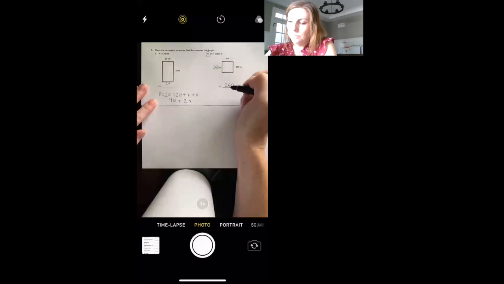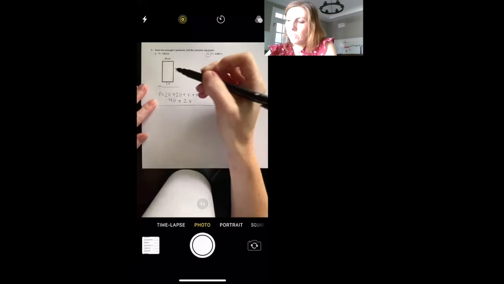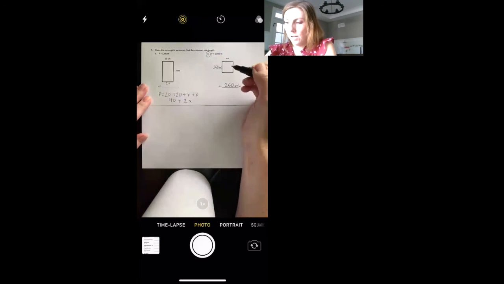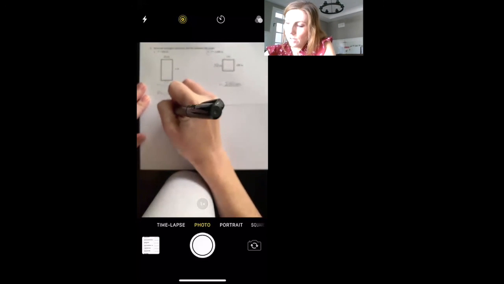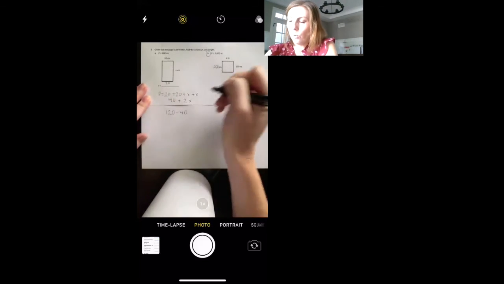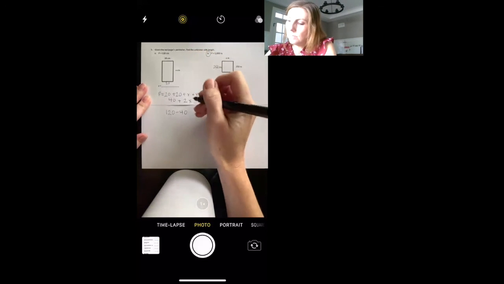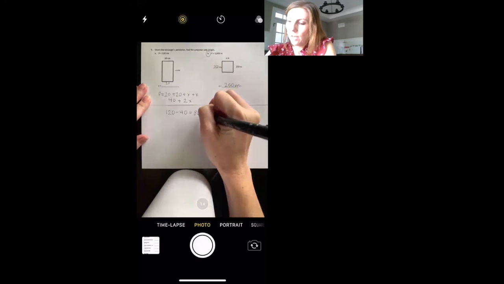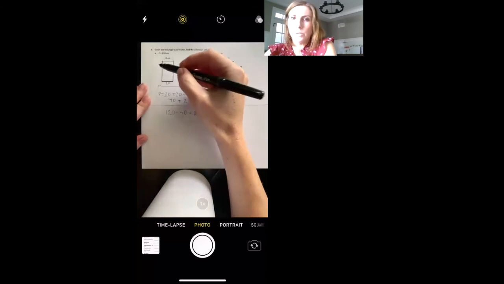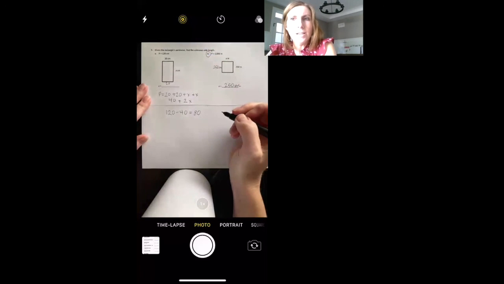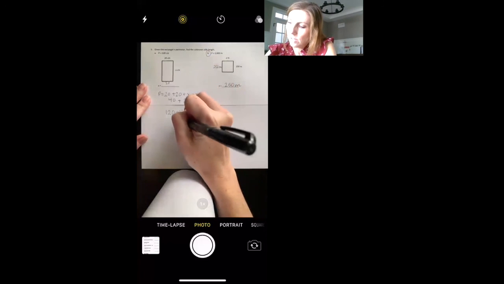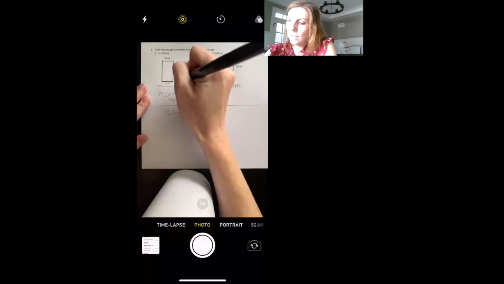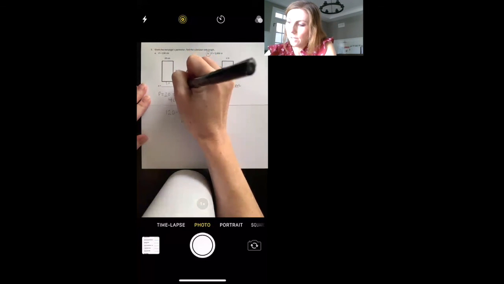The total is 120. I've already used up 40 of it with 2 of the sides, which is 80 left. And I have 2 equal sides that have to equal 80. So 80 divided by 2 is 40. So I've just determined that my side x is 40 centimeters.